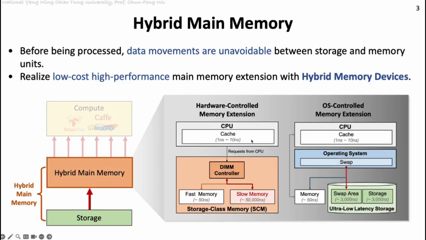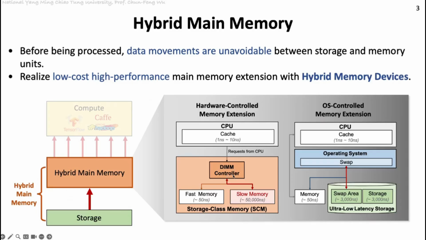The first one is hardware-controlled memory extension. You can think of it as, in your memory, there are not only DRAM chips but also some flash memory chips. Flash memory is what your SSD uses. Inside this device there is a controller, the DIMM controller, which you can think of as a tiny embedded CPU.